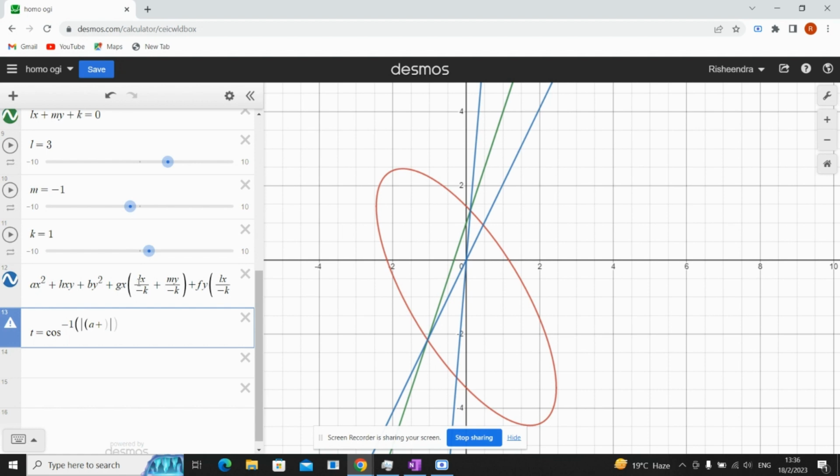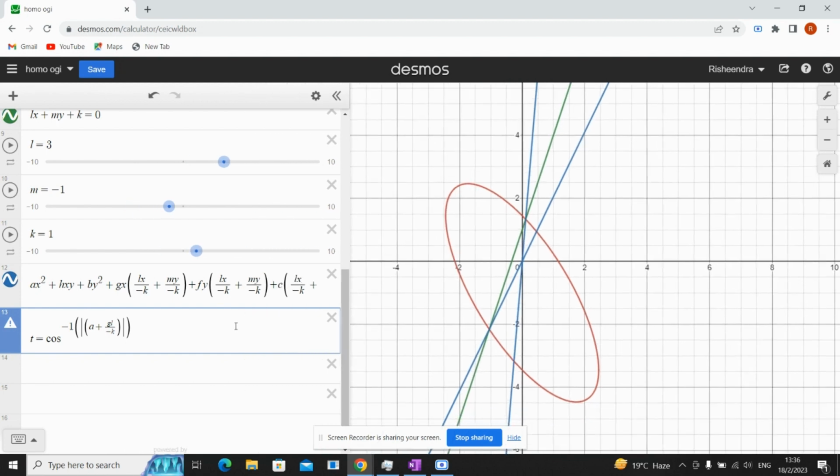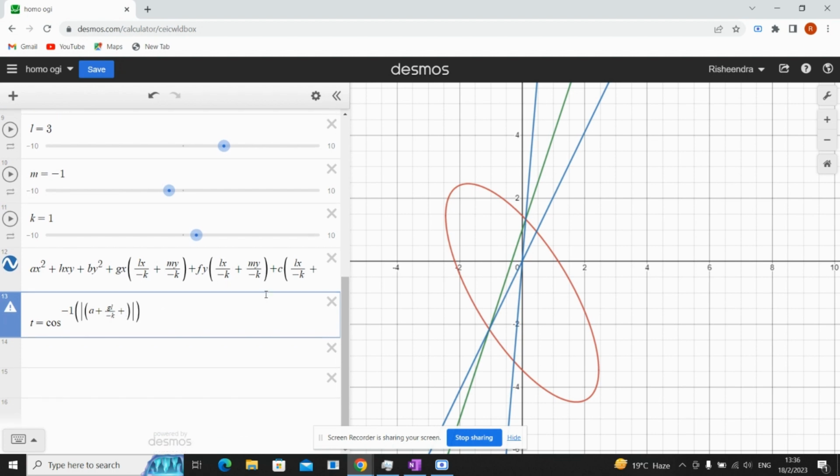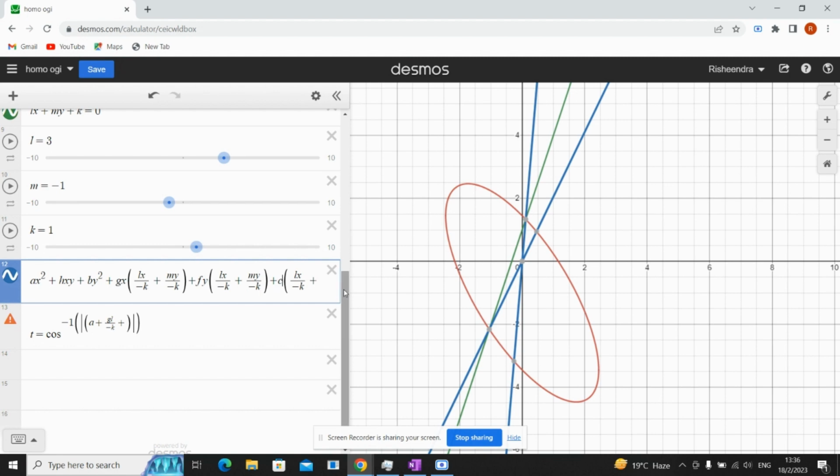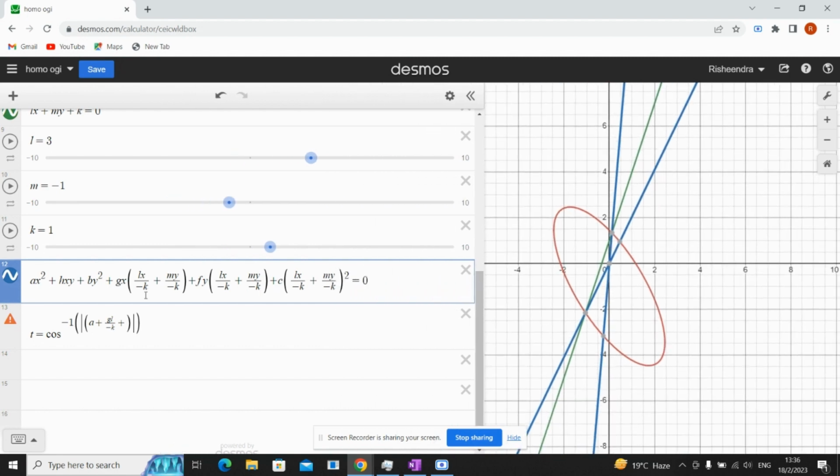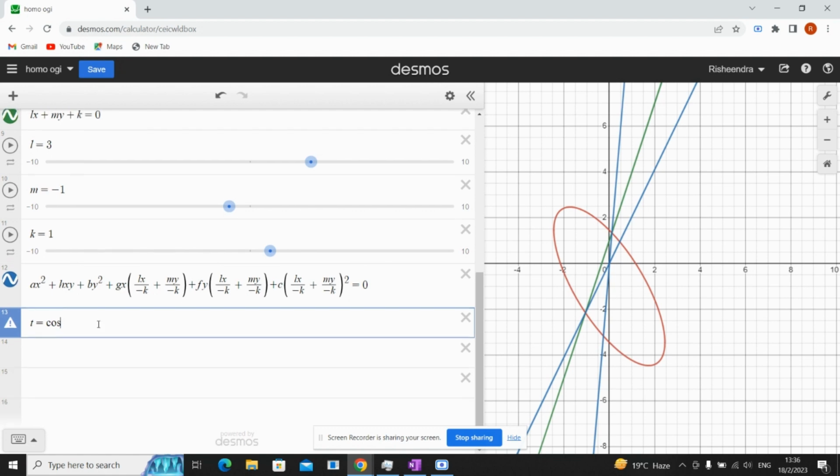Let's see here, gl multiplied by lm, so gl over minus k. Observe clearly, gl over minus k, plus, and there is another c here. Let's expand this. That's a small mistake.